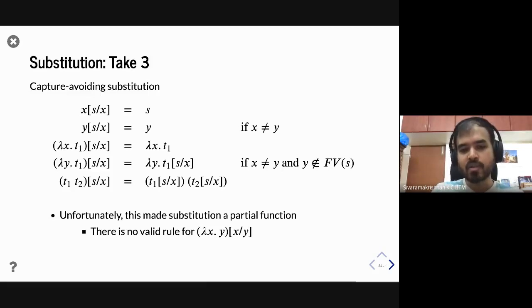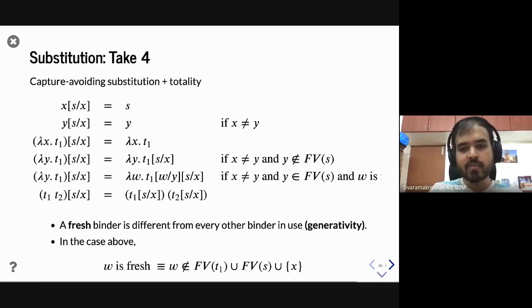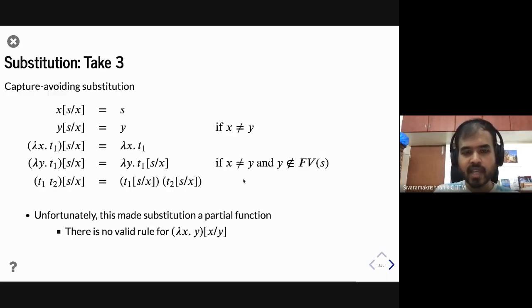So how can we fix this? The way we fix this is by adding a new rule. Bear with me. This is the last one. So what we are doing is we had all the rules except this additional rule in take 3.